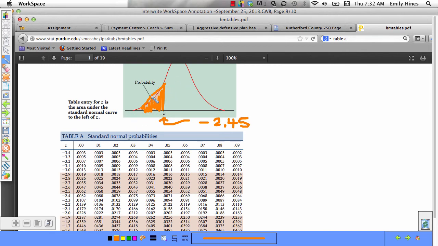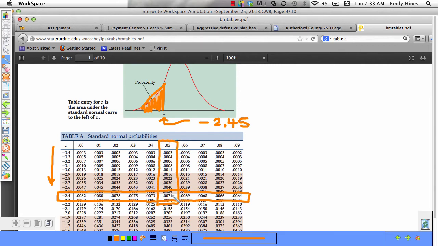In order to find this probability or that proportion, I come down this row until I find negative 2.4. And then I'm going to look here. It's one of these values. My next digit is a 5, which means I'm going to go this way until I get to the 0.05 and look down this row.